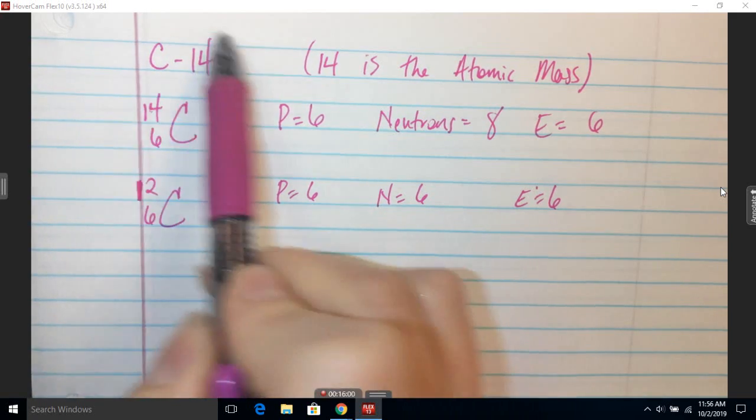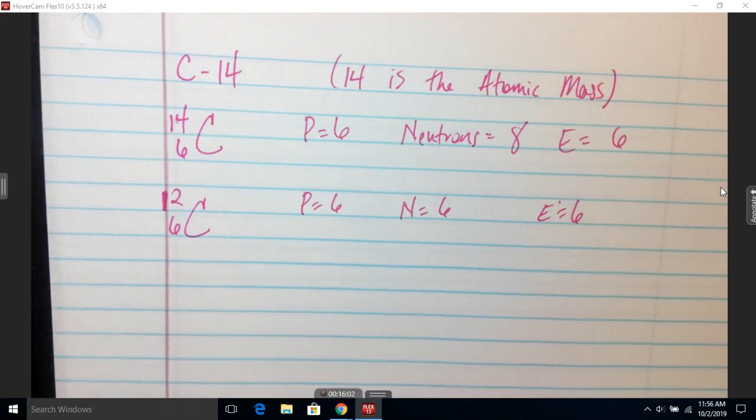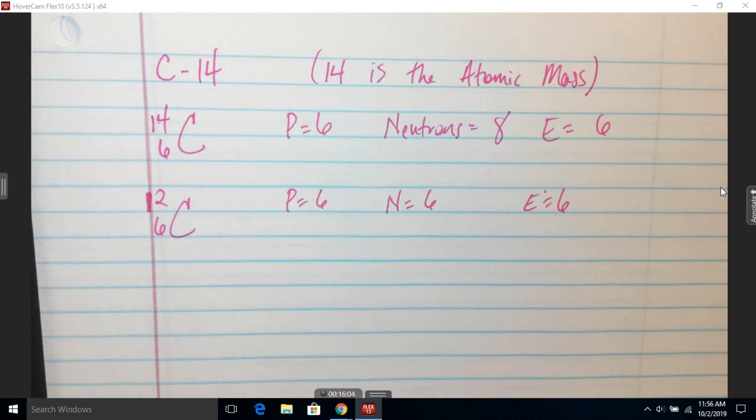But this carbon right here has 2 extra neutrons. He's an isotope, because the nucleus has a different amount of neutrons. Isotope, neutrons change. I don't know how else to put it. That's the simplest way I can put it.